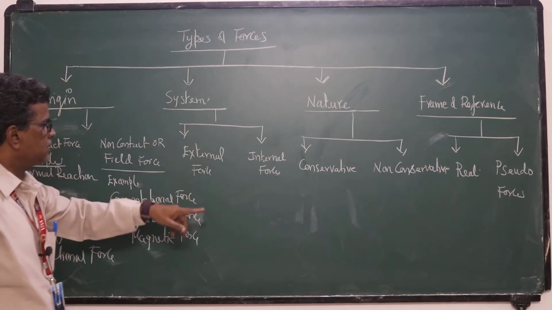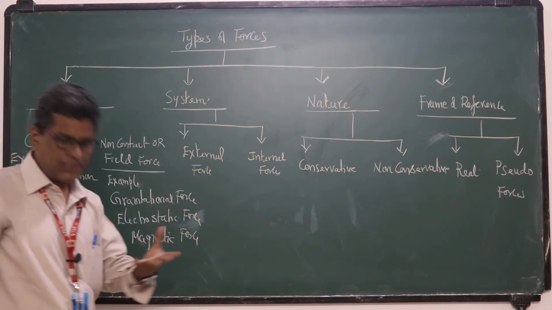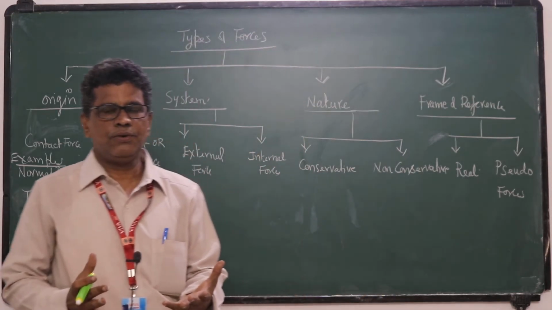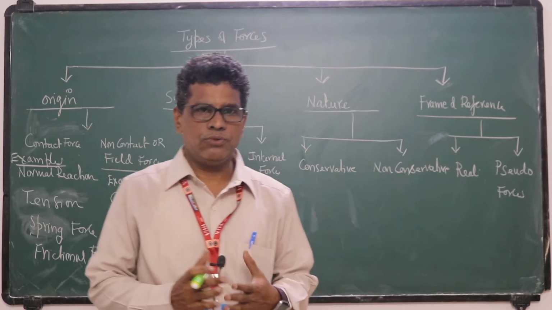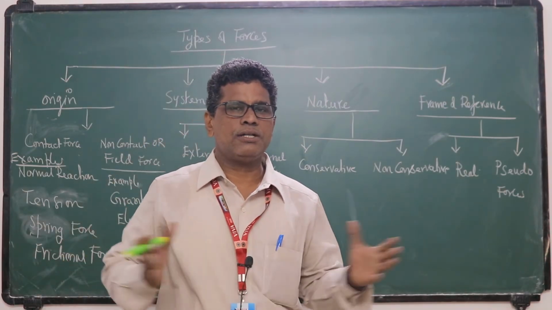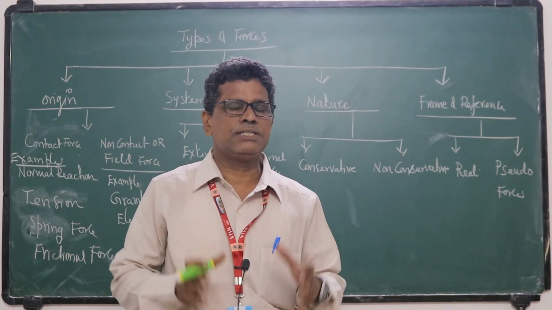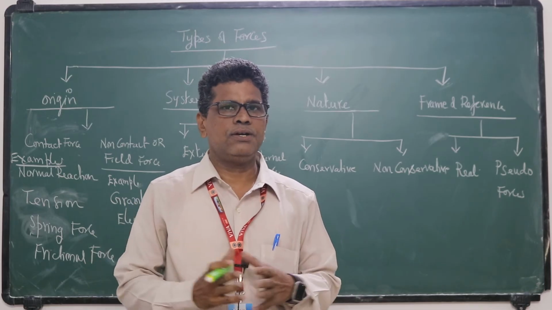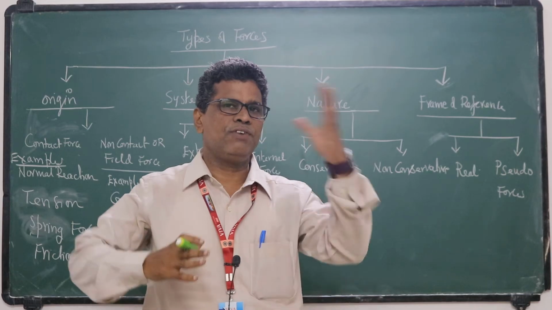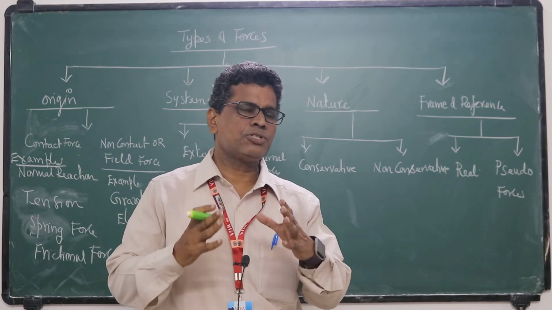Now the system wise classification. What is the system here? The bodies, the objects which may be connected together. If two objects are connected by a string or spring, by means of a pulley or something else, then we can call those two objects a system.